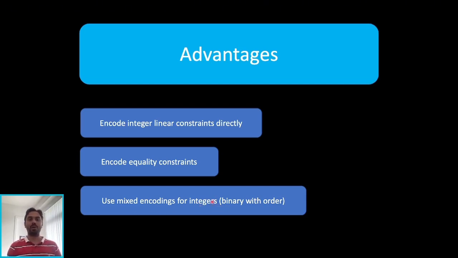They would use order encoding as long as the domain size is smaller than a particular value, and switch to binary encoding whenever the domain size exceeds that. That would result in fewer Boolean variables, and lead to much better and faster propagation. Okay, so these are the major advantages.